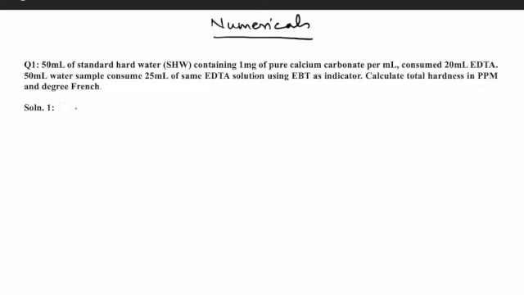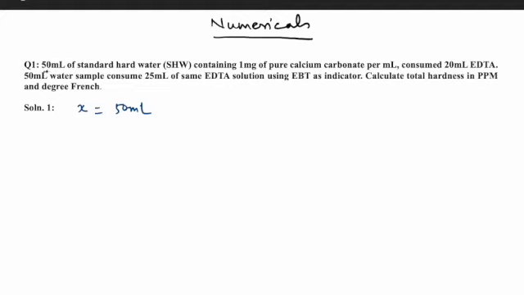Now first of all, let's see what is given in this particular problem. 50 ml of the standard hard water sample. If you remember, in the previous discussion, we said X is the volume of standard hard water taken. So the value of X from this problem is 50 ml.